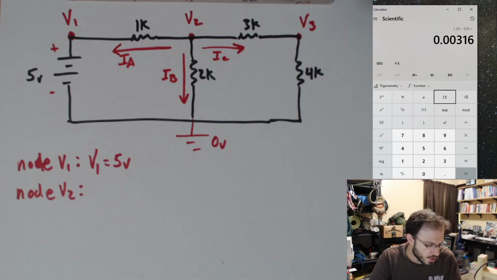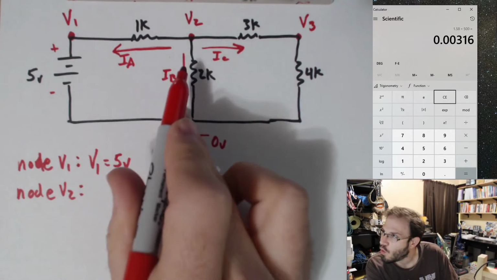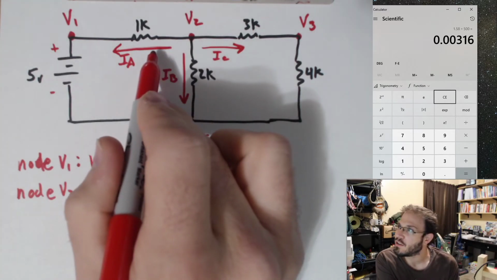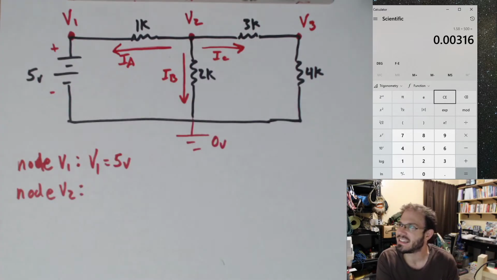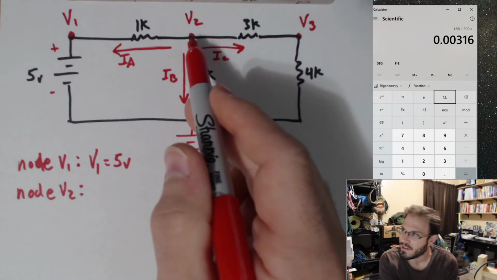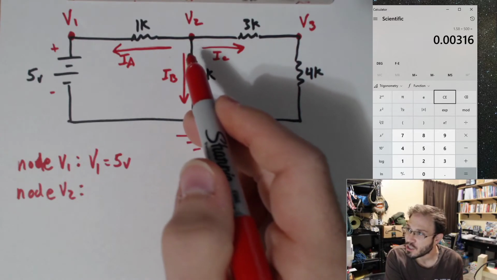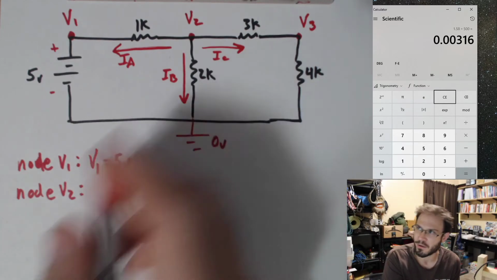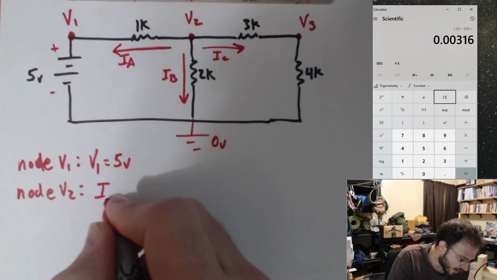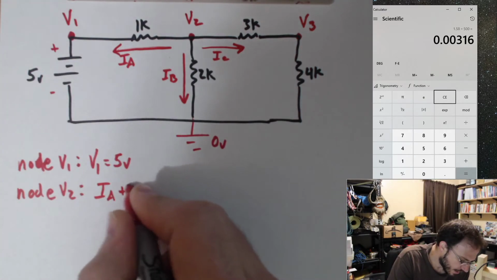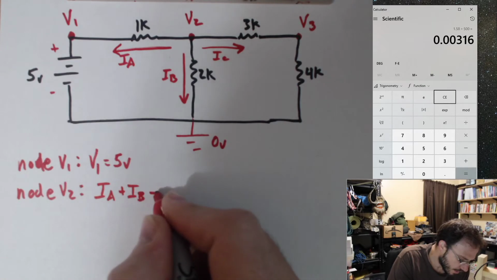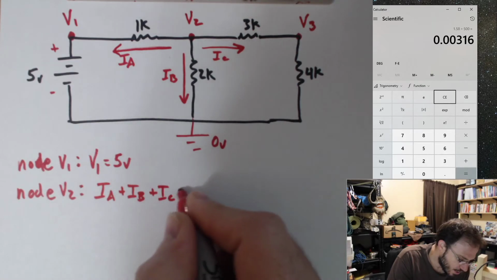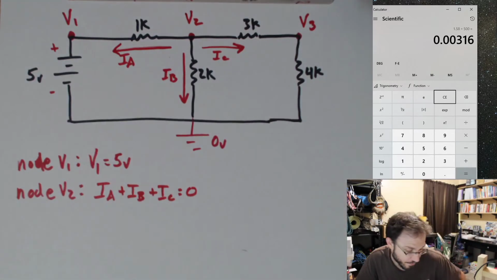Okay, so now let's go ahead and let's write out our KCL equation for IA, IB, and IC. I picked them all to be leaving the V2 node. So let's just go ahead and have them all equal to 0, right? IA plus IB plus IC should be equal to 0.